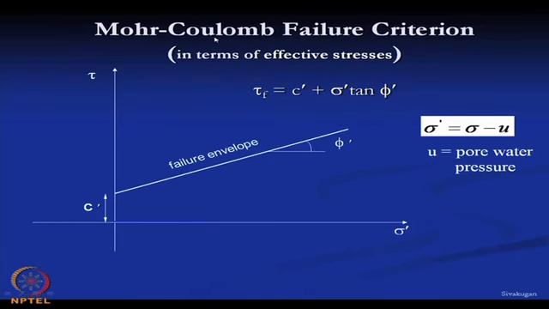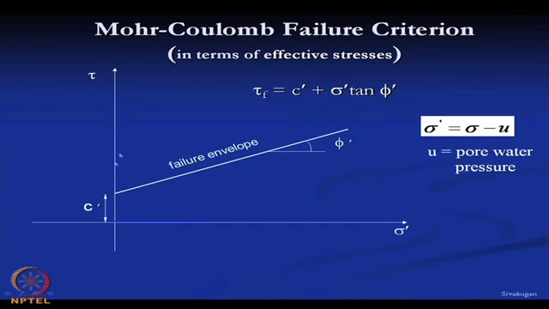Now, the same expression we can write in terms of effective stress. In terms of effective stress, this will be C bar, the effective cohesion, plus sigma dash into tan phi dash, where sigma dash is sigma minus u, and u is the water pressure.